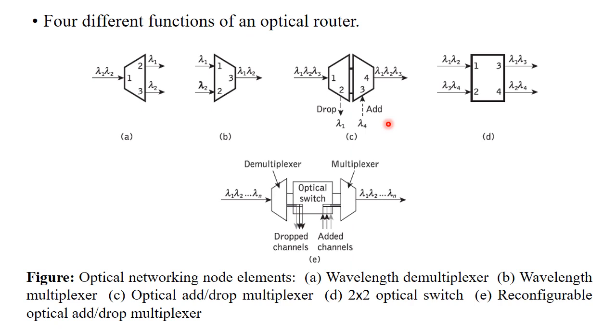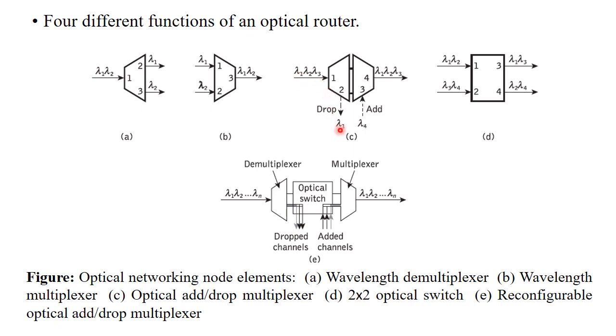Now coming back to this explanation. The name itself indicates what it is: add drop multiplexer. Add drop multiplexer in the sense one wavelength will be dropped, another wavelength will be added in its place. That is what we are going to observe here. Lambda 1, lambda 2, lambda 3 are the input side.